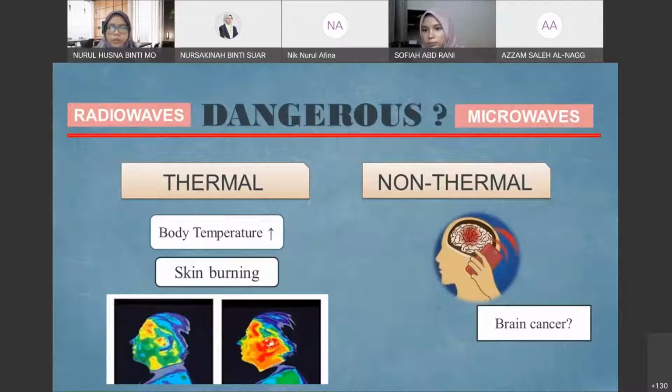I think everyone knows WHO. It classified RF radiation as possibly carcinogenic to humans based on an increased risk for glioma, a type of brain cancer. This means there might be a possibility that mobile phones can cause brain cancer, but this research is still ongoing. So a precautionary approach to mobile phones should be applied in our daily life, okay?